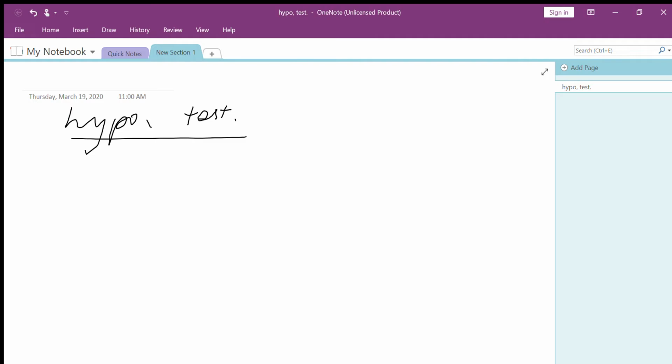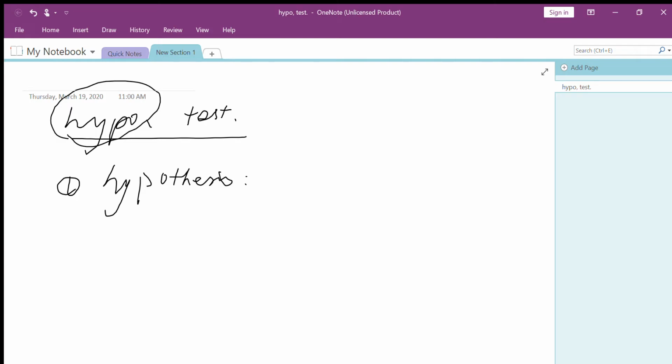And for hypothesis testing, we have a new terminology, which is hypothesis. So what is hypothesis?